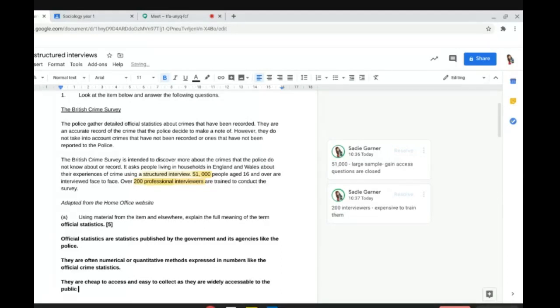So they're cheap to access and widely accessible to the public, because they're cheap for us, because it costs us nothing. They're free. We just go on the government website, and they're widely accessible because we just go on the government website. So for the public, they're cheap to access and easy to collect as they're accessible to the public. Okay, that's 3 marks there.